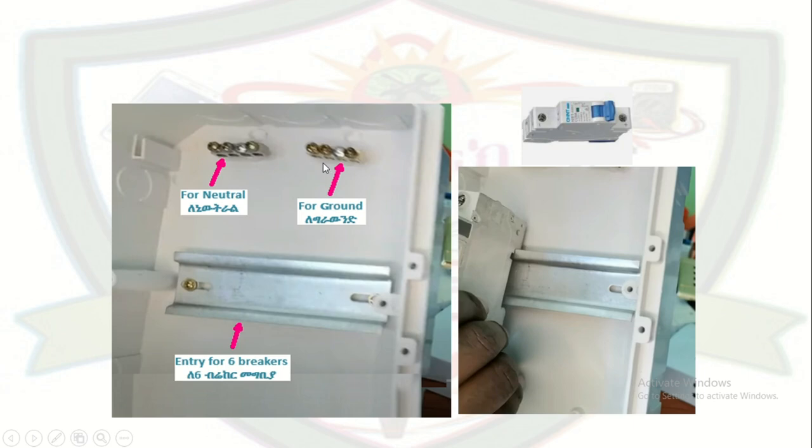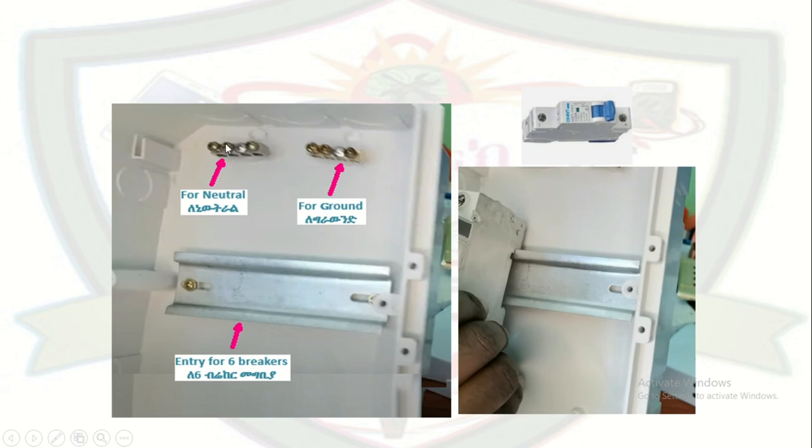This common point is for ground. In this distribution board, we can collect and join the neutral here, and we can collect and join the ground wire here.